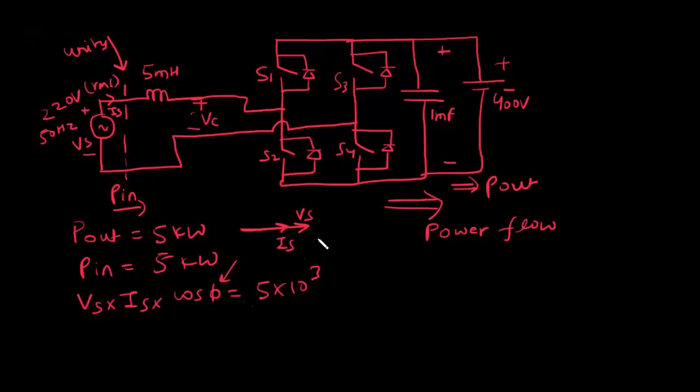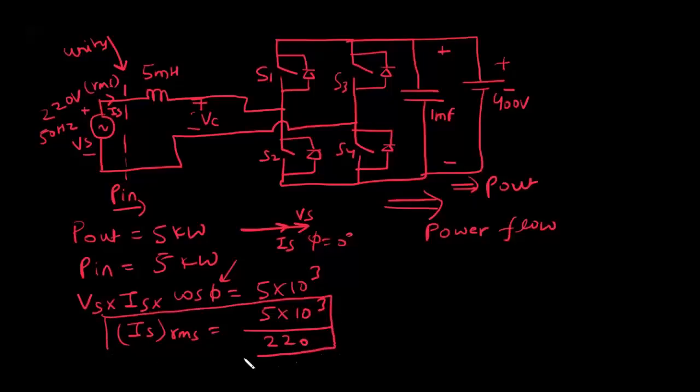So phi is 0, that means cos phi is 1. From here we can get the RMS value of the input current, which is 5 into 10 to the power 3 divided by the voltage source RMS, that is 220. So this is the RMS value of the input current.